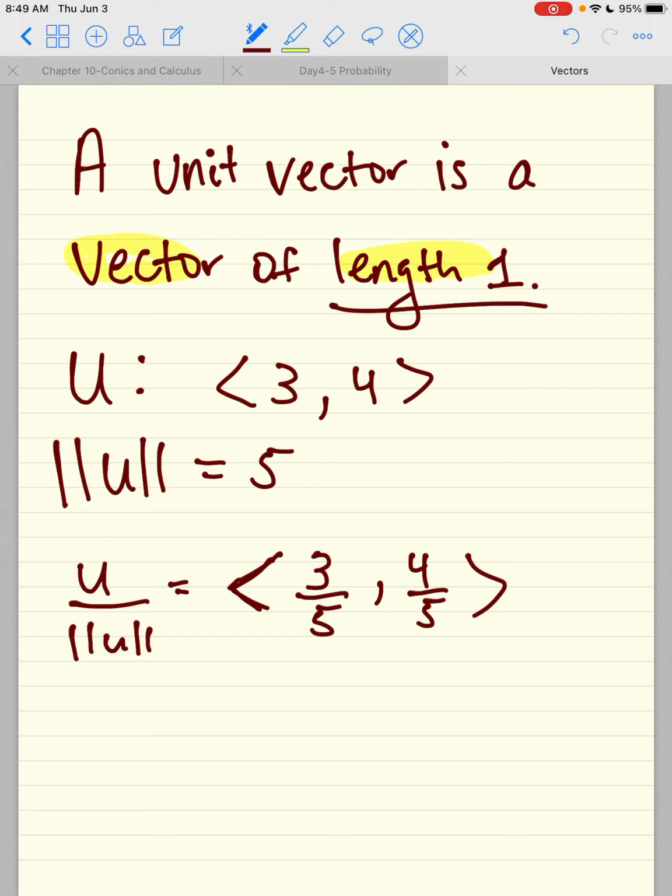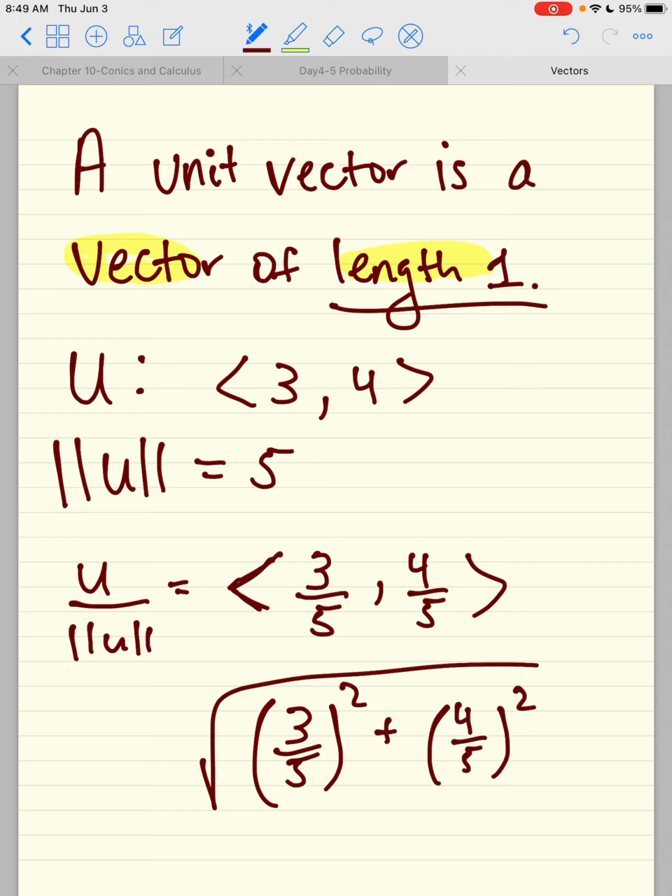So let's see what this length is. a squared plus b squared equals c squared. This will be 9/25 plus 16/25, which will give you 25 over 25, which will give you 1. So that's how we find the unit vector. We just take the vector itself and we divide it by the magnitude. This can also be written as 3/5 i plus 4/5 j.